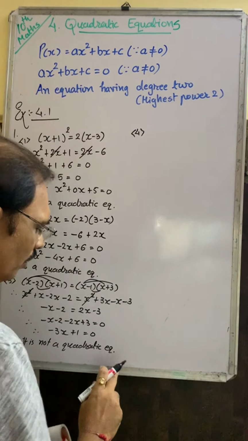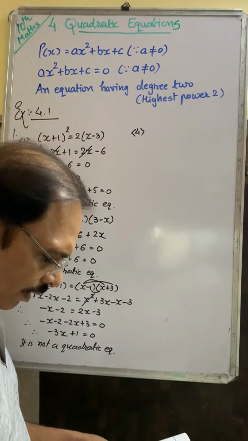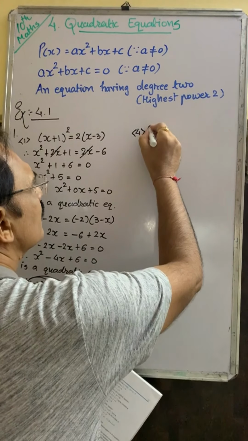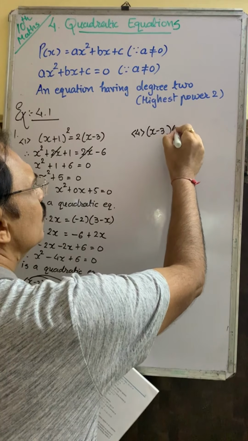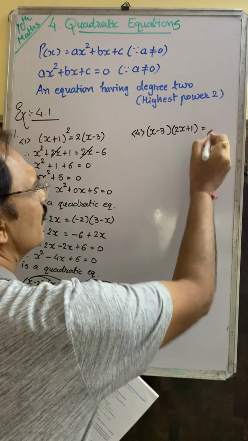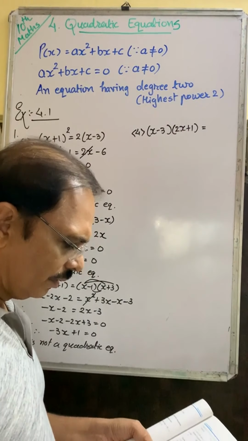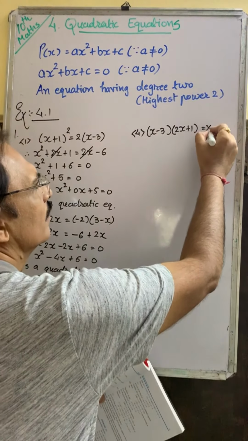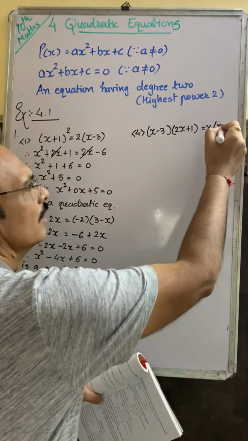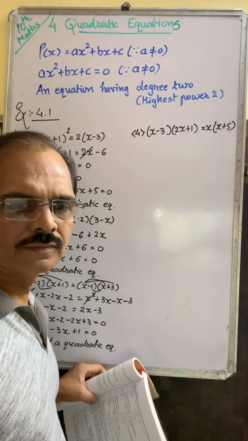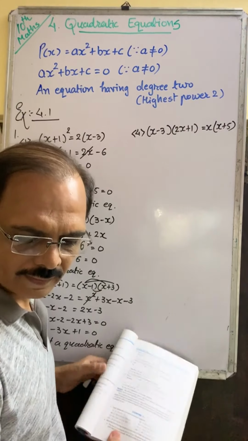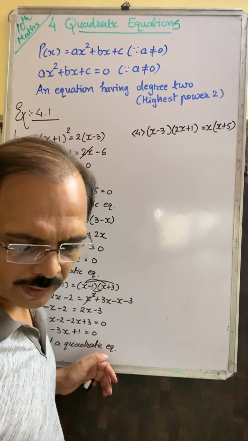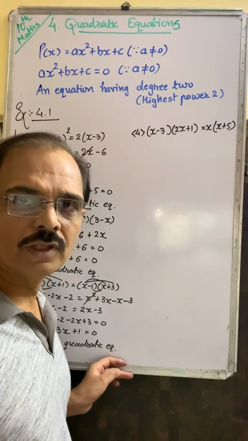See, number 4: (x - 3) into (2x + 1) is equal to x into (x + 5). Once again open the bracket. Can you guess without opening the bracket? Yes, you can.